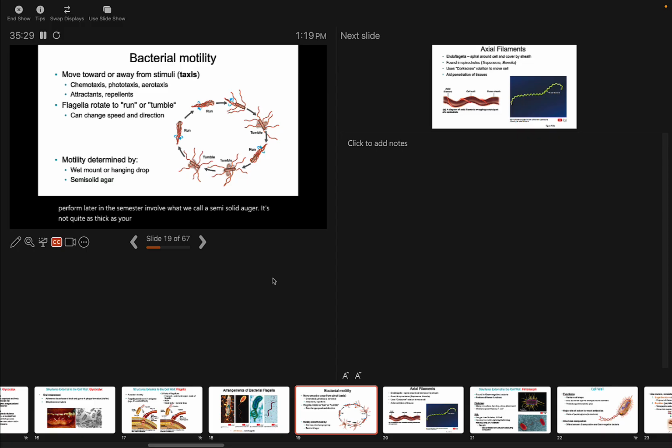It's a little bit less gelatinous, and that allows bacteria that are capable of this movement to spread out. So you can actually see how the bacteria have spread out away from the initial site of inoculation. So again, motility is a really important feature for those bacteria that have it. Others just rely on wherever the wind blows, or the water moves, or the blood, or whatever. Wherever you go, that's what you get.